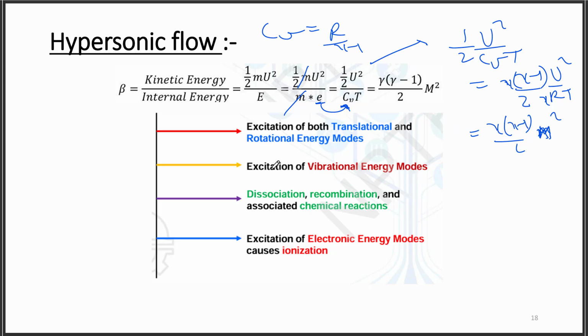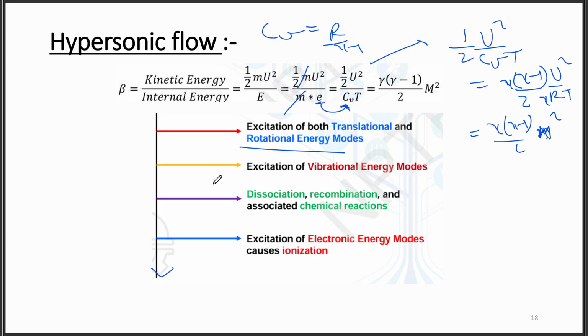If beta is increasing, initially there will be excitation of translational and rotational energy modes. This is mainly for supersonic flow. Then excitation of the vibrational energy mode will happen; the flow remains in the supersonic range, but the speed is increasing.